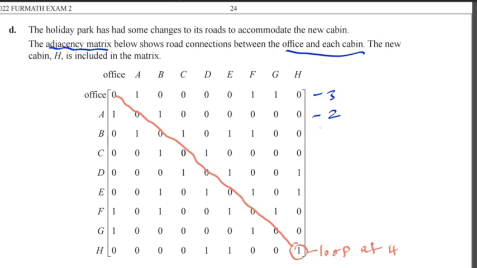So when putting down all the degrees, we get 4, 2, 3, 4 connections here, another 4 here, and 2, and this one you have to be careful, 1, 2 plus 2 for the loop. So that is 4.